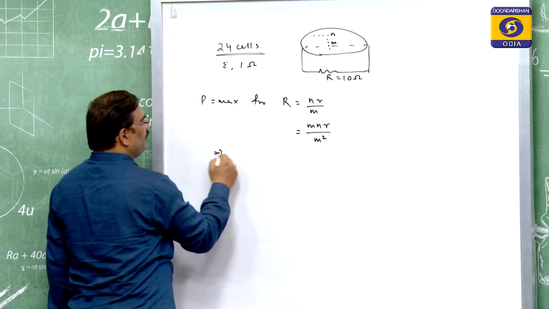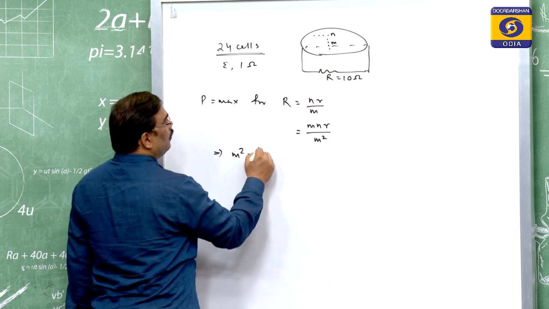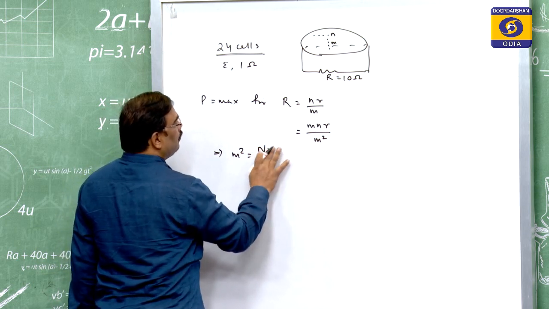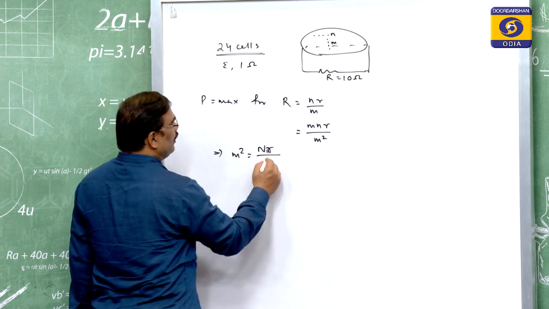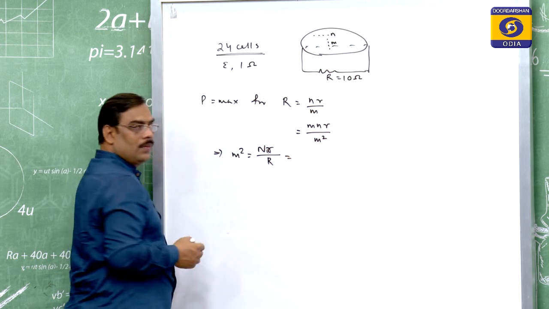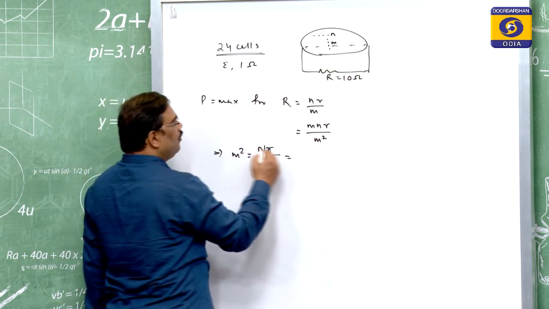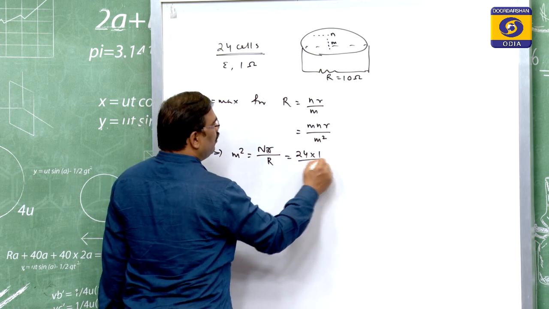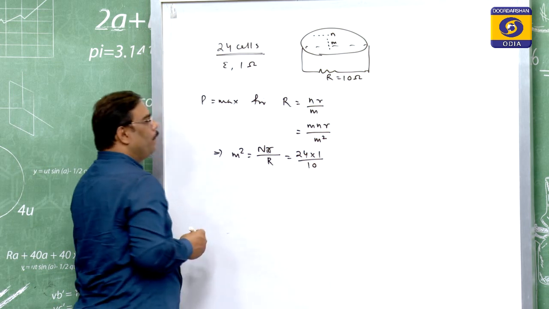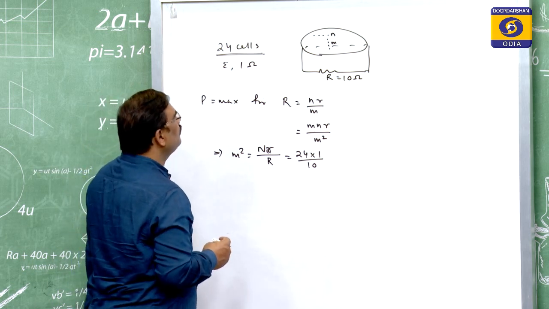So, this will give us m square equal to capital N r divided by capital R, where capital N is the total number of cells present. This is 24 into r, which is 1 ohm, divided by R, which is 10.